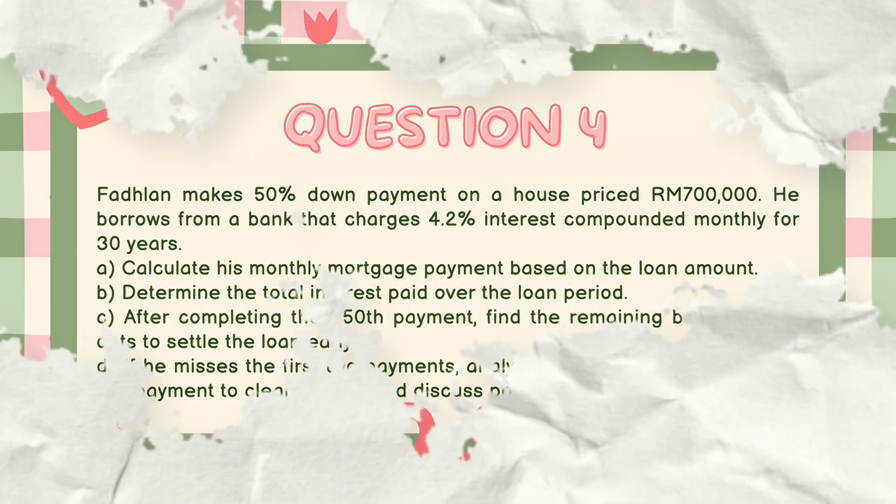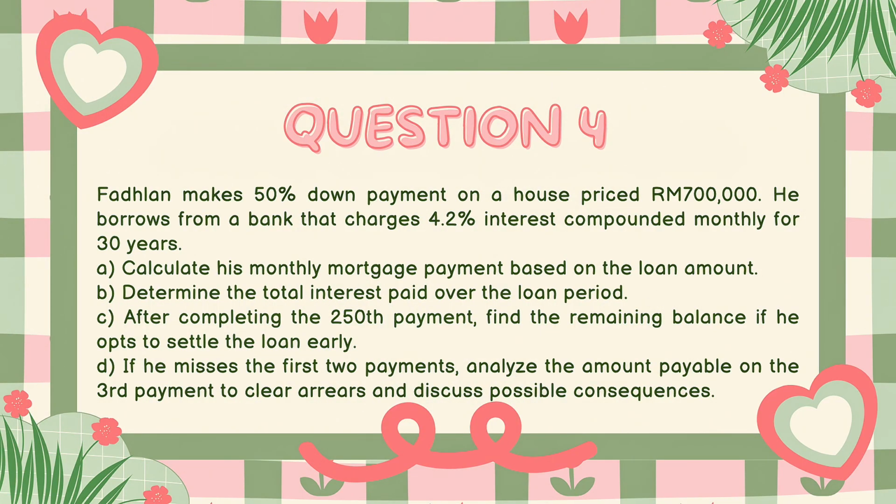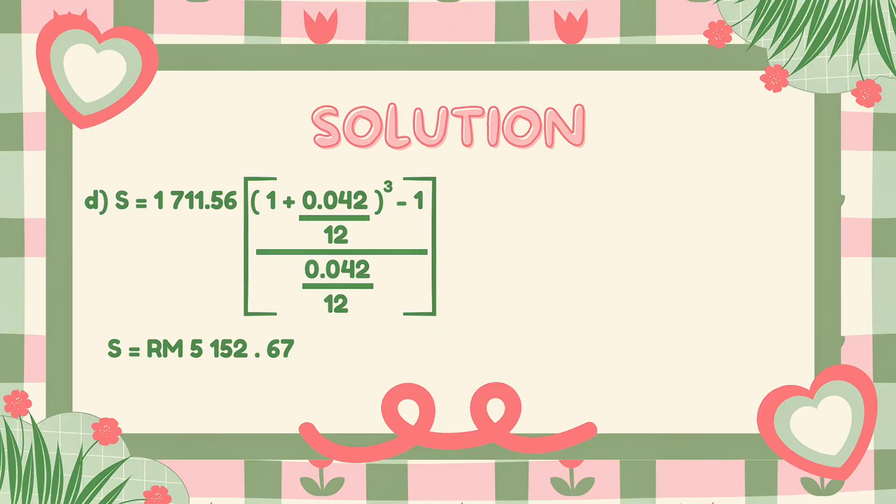And lastly, for question D, the question says if he missed the first two payments, analyze the amount payable on the third payment to clear arrears and discuss possible consequences. So we just need to use 3 as n, and we need to use the future value because we need to know how much he should pay at the end of the third payment.